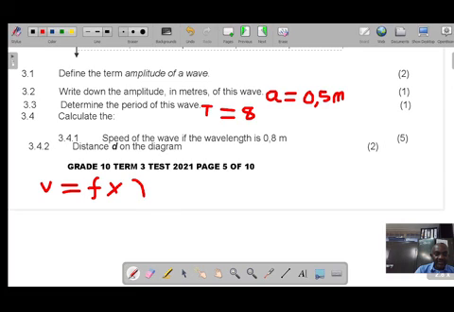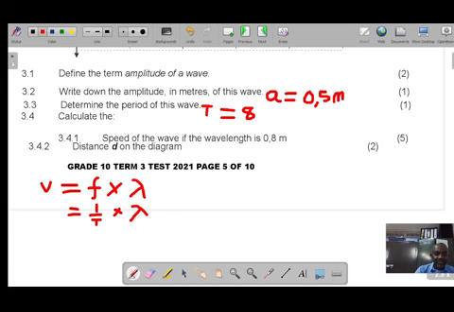Now this frequency f is the reciprocal of the period, so it's the same as saying 1 over T, to give us our frequency, then times the wavelength, which is lambda.